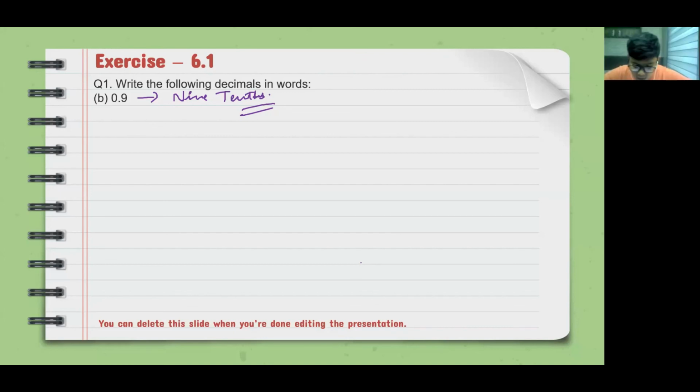Sir, it is given as 0.3, 0.9, 1.6. Means using the place value chart, we don't have to write the value, just whatever is given we have to spell it.